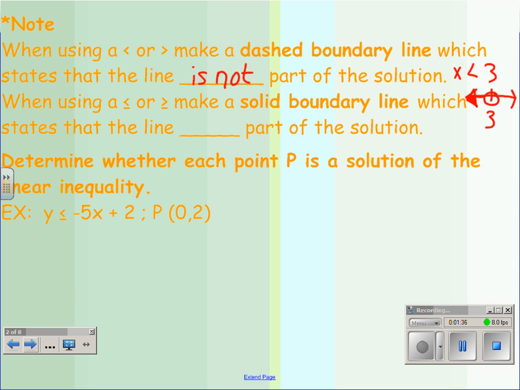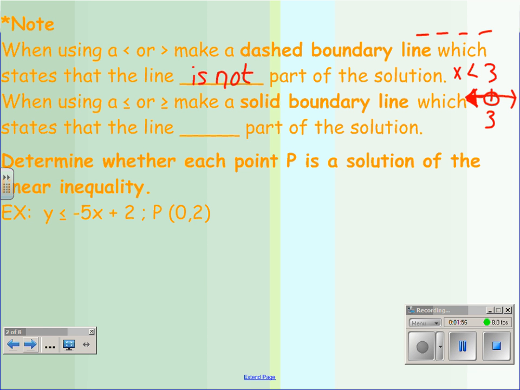So anything less than 3, but not including 3, is part of the solution. With an inequality statement, it's not actually an equation, then we're going to be working with a dashed line instead of a solid line.